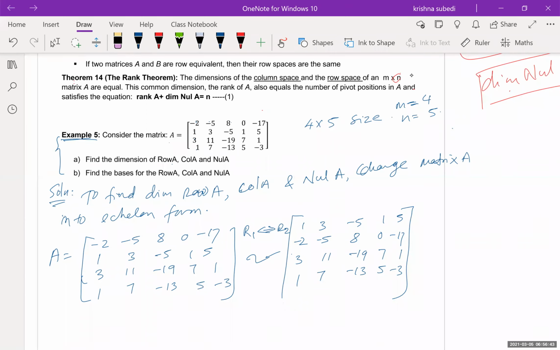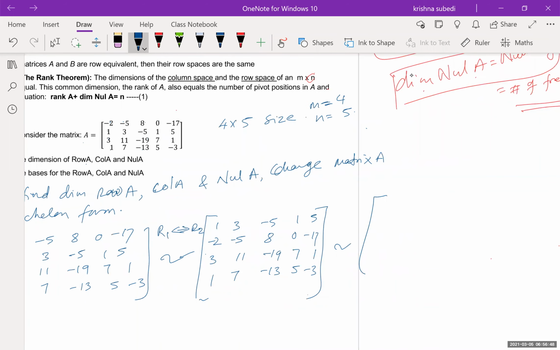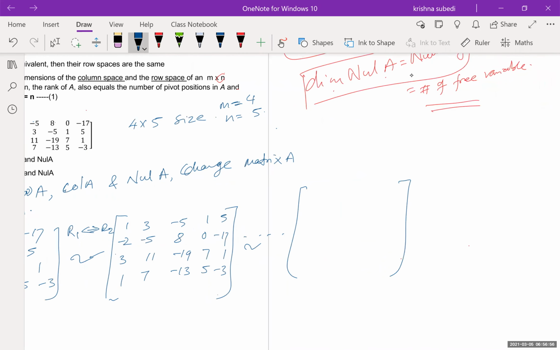Now I want to change this into echelon form, and I trust you guys know how to do it. I just leave it like this, and then I just need the final form. The first row will remain the same, 1, 3, -5, 1, and 5.